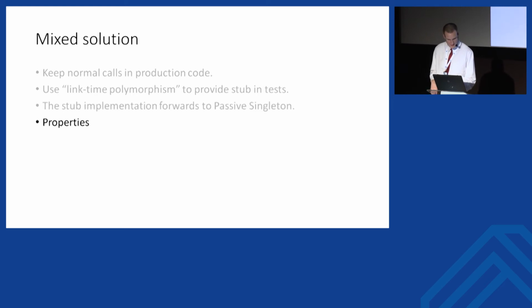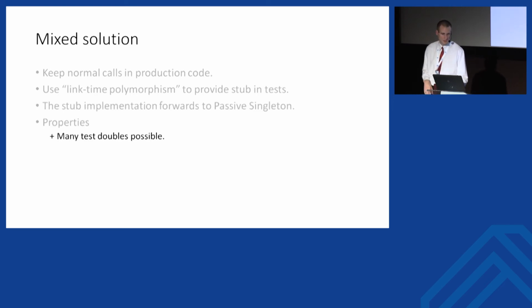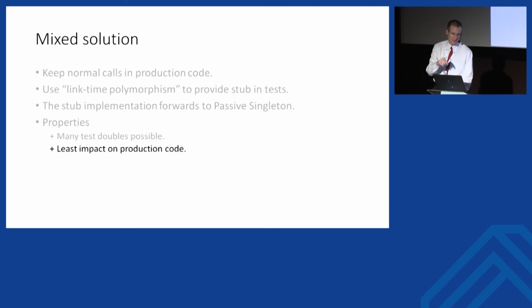So you can have many test doubles this way, even though you use link time polymorphism, which I previously described as one size fits all.